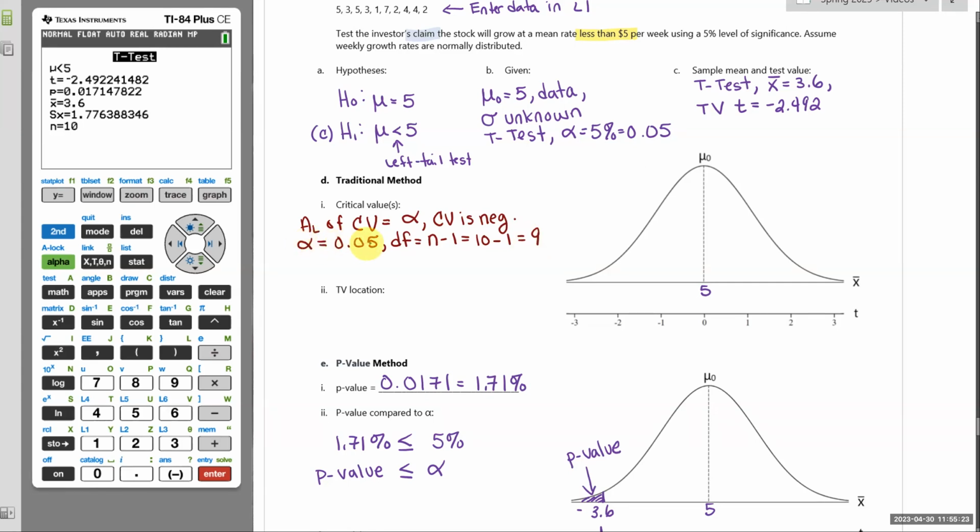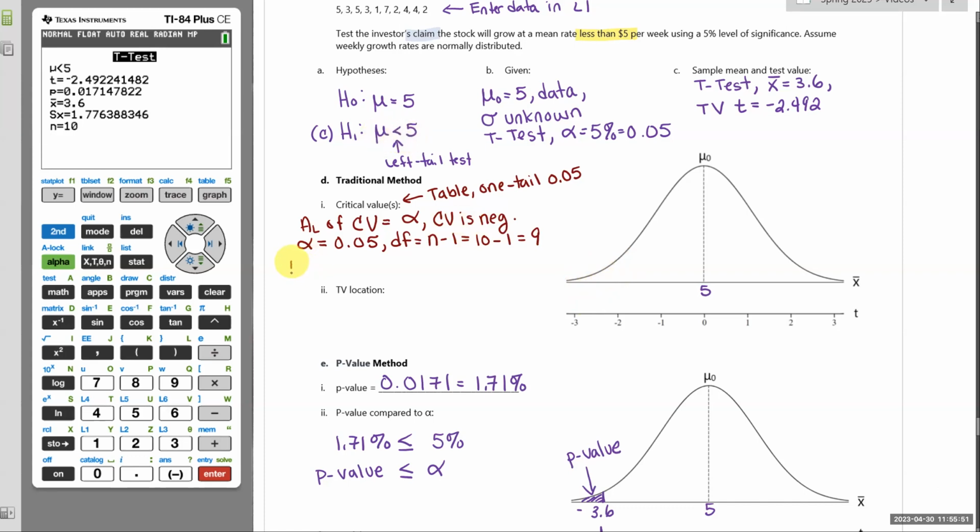So because it's a left tail test, on the table, you would go to one tail alpha, and you would go down to degrees of freedom 9. But the table is going to give you a positive number. You need to remember that the critical value is negative for a left tail test.